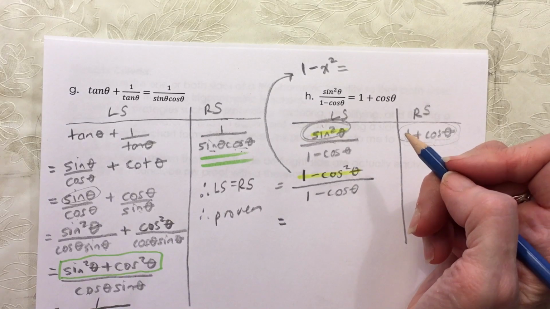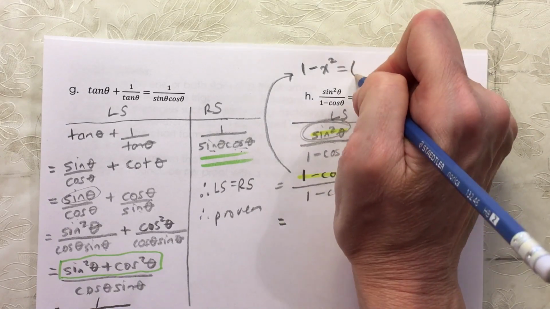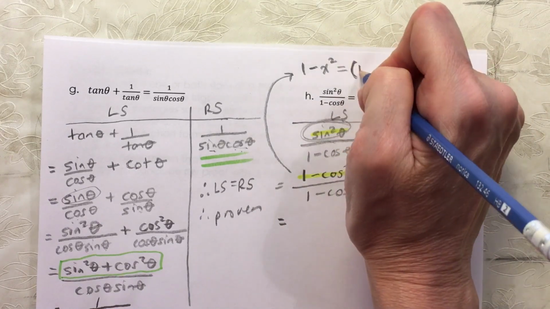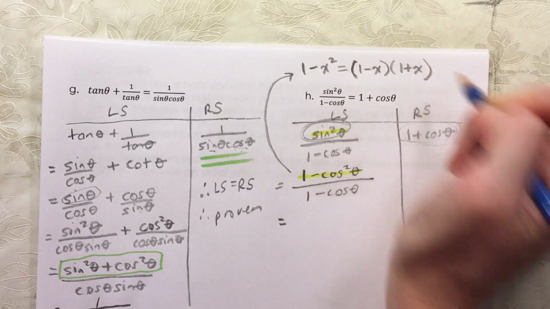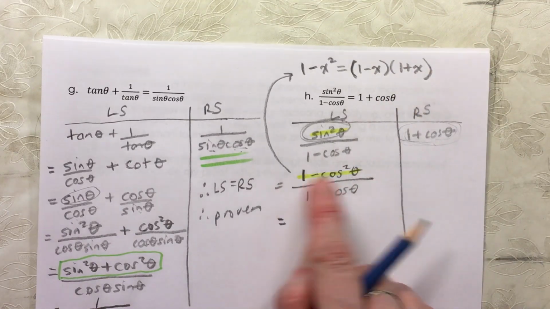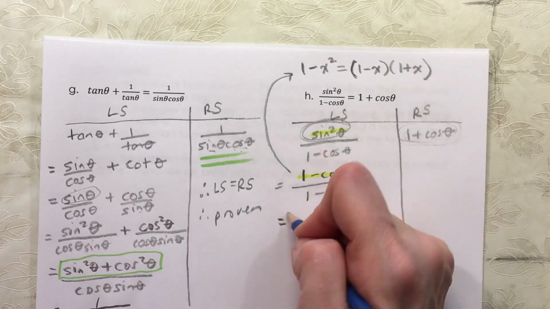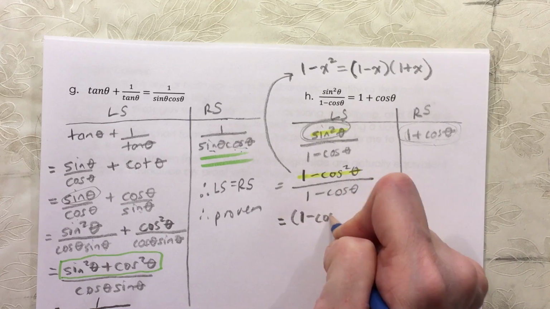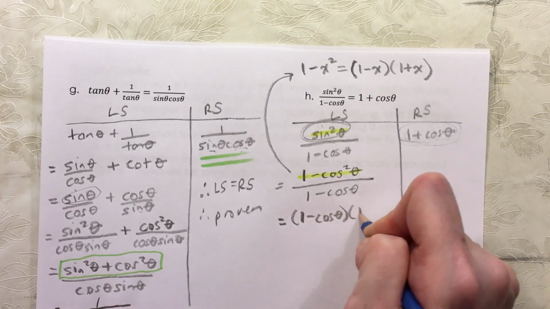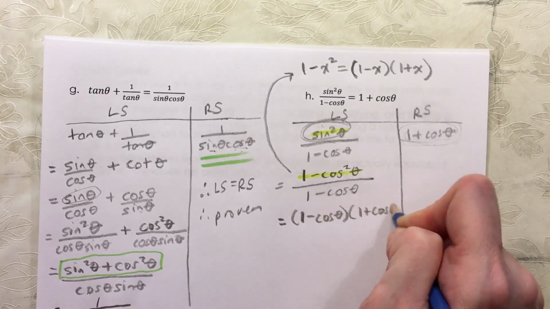And we know that 1 minus x squared would factor using a difference of squares to give us 1 minus x times 1 plus x. In the same way, 1 minus cos squared theta will factor to give us 1 minus cos theta times 1 plus cos theta.